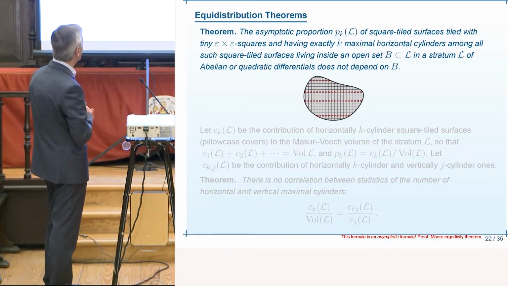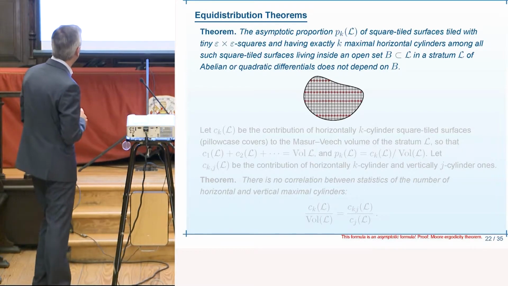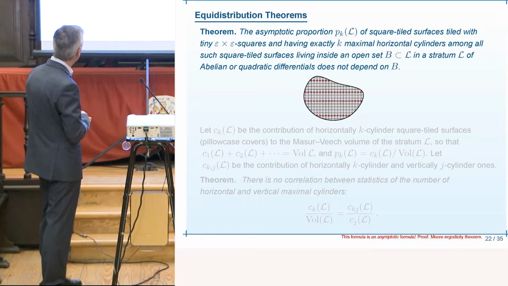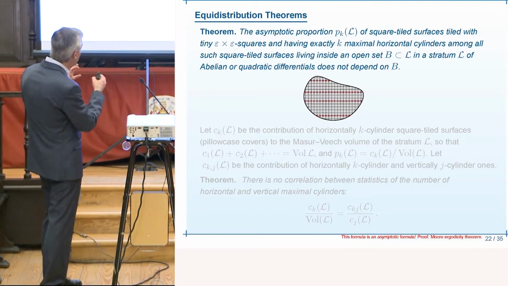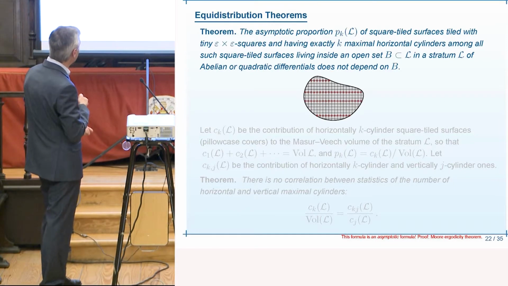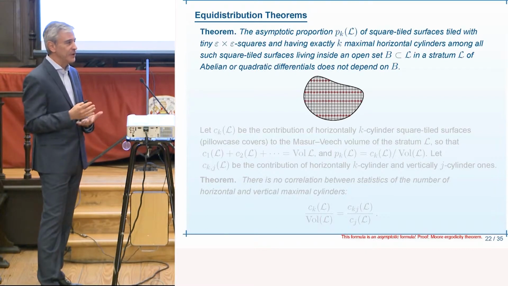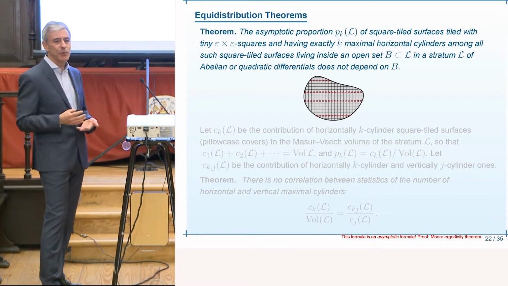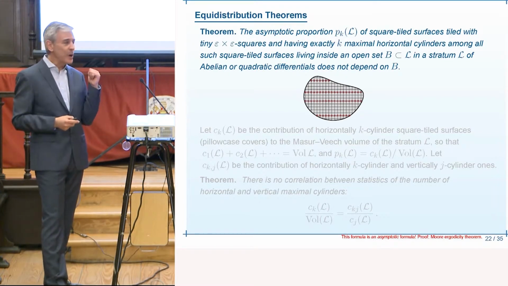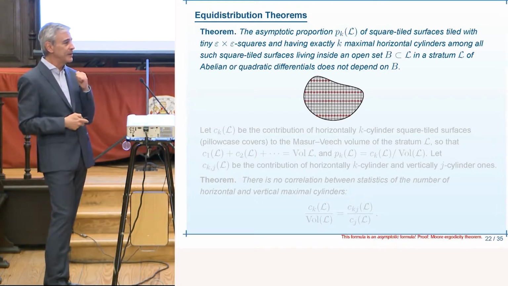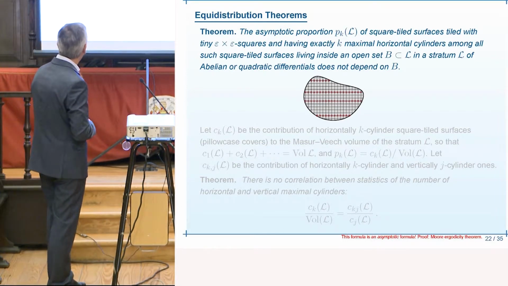The asymptotic proportion of square tile surfaces tiled with tiny epsilon times epsilon squares in any open domain and having exactly k maximal horizontal cylinders does not depend on the open domain. It's one and the same everywhere. It's the same as their asymptotic proportion for the entire stratum, the ones which were shown at the previous slide. This is the first theorem.